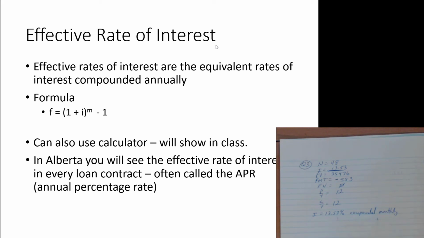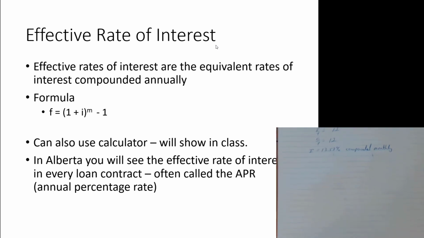And there is a formula for effective, so F is equal to 1 plus I to the M, or if we remember from way back in our Unit 9 compound interest days, it's just the number of compoundings per year, and minus 1. Okay. And that formula is fairly easy to use. I'll show you how to do it on the calculator as well.